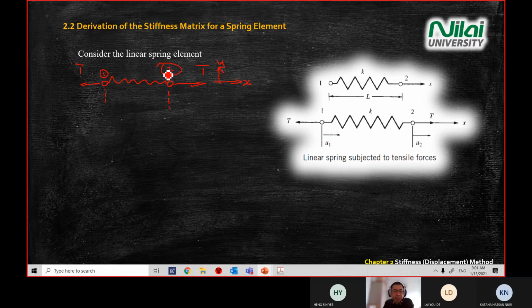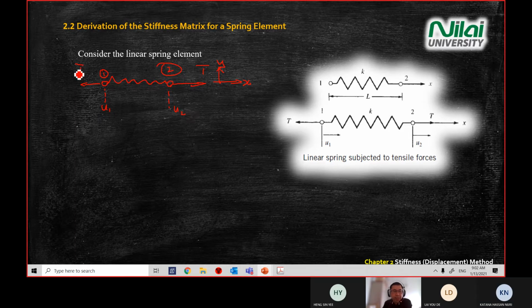Before you do anything, you know that point 1 will move, and point 2 will move. Katana, do you understand why we use U? Why are we not using V, or W? Why do we use U? X direction displacement. Correct. All right.